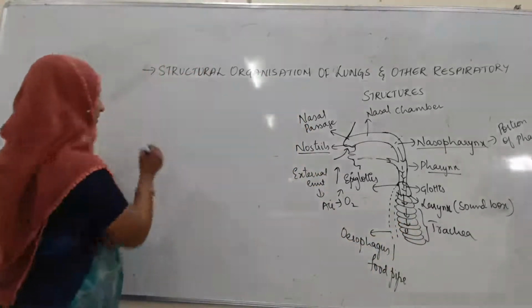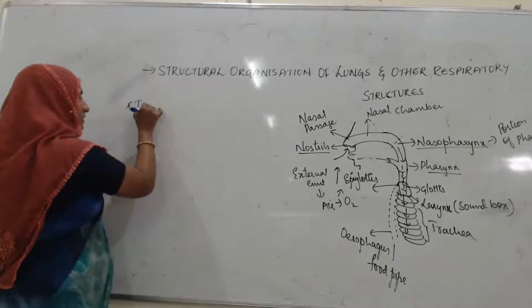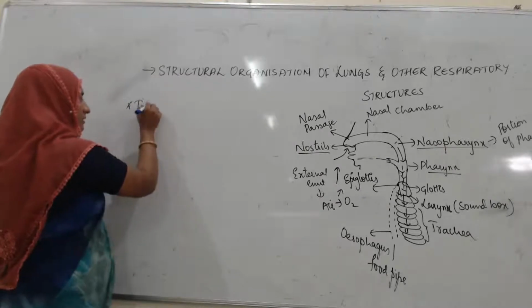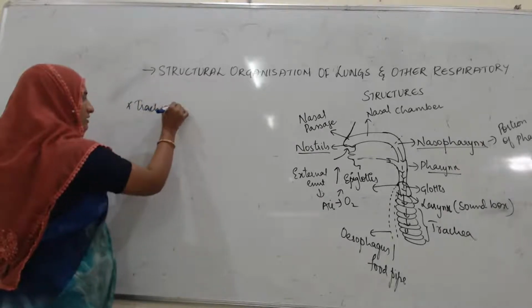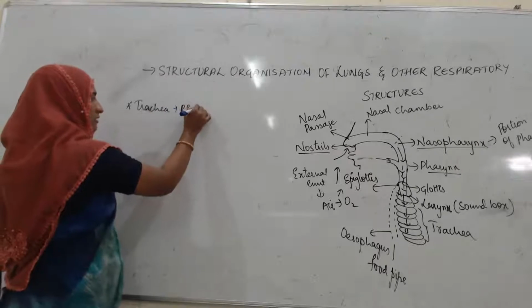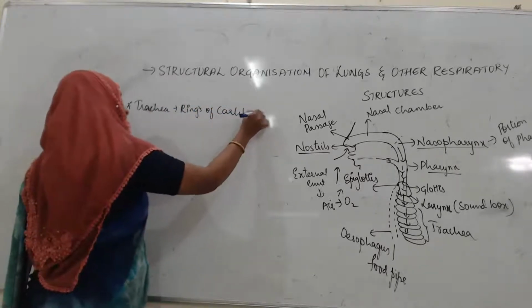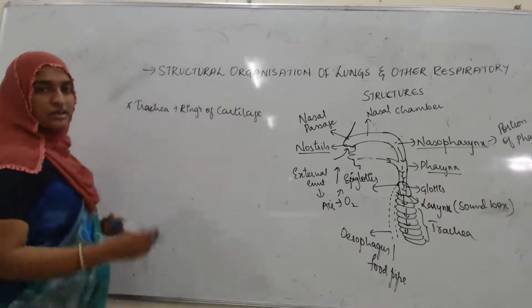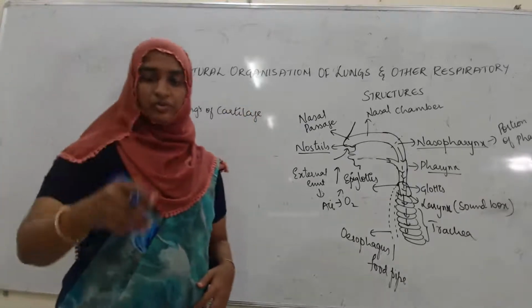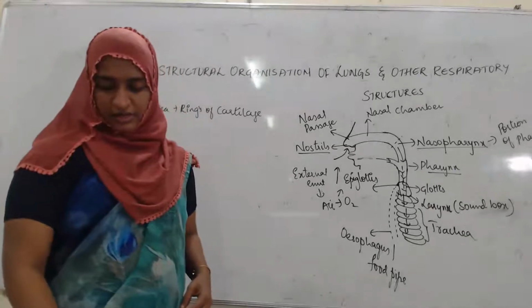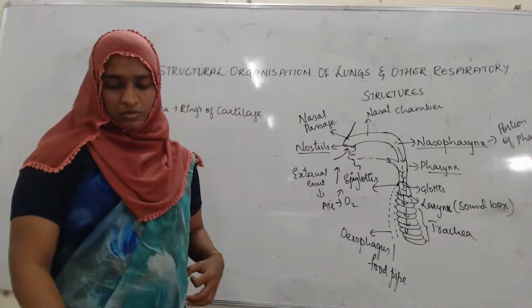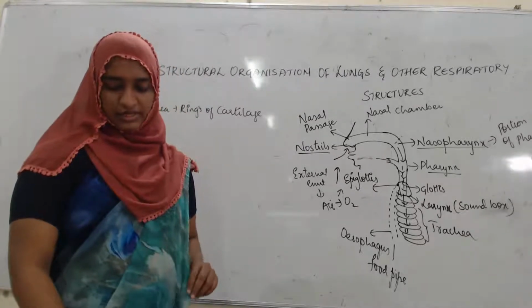What is the trachea over here? Trachea is a ring of cartilage. Rings of cartilage are arranged to form a tubular structure, which we call the trachea.